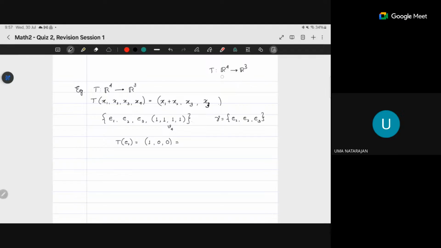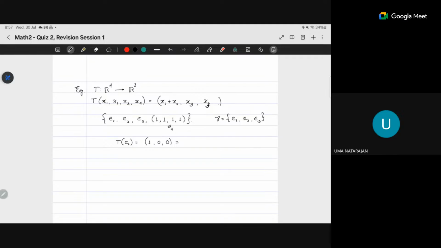Now I can have things in between also. The thing is, I can never have it to be trivial. That is one of the comments that was made earlier, that if you have a higher dimensional space to a lower dimensional space, you cannot have injectivity. So that we'll see later. But for now, let us continue with this. We'll see whether in this case we'll get 1 or 2 as the nullity.